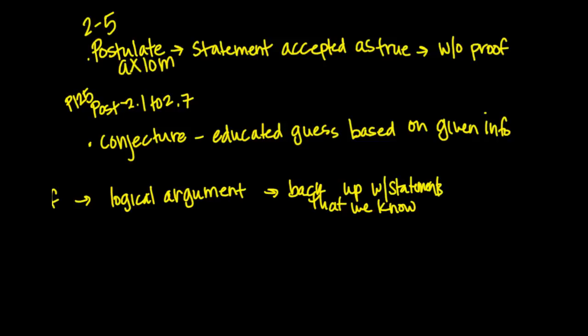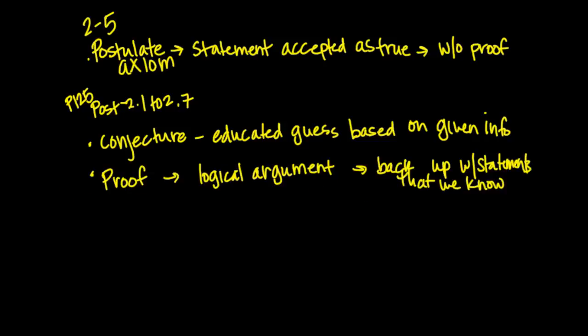So back up with statements that we know are true. All right, so when we have a conjecture and it's proven true, so we made an educated guess, we proved that it's true, then it becomes a theorem.